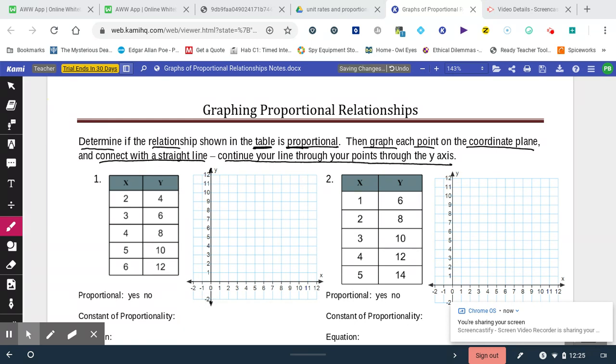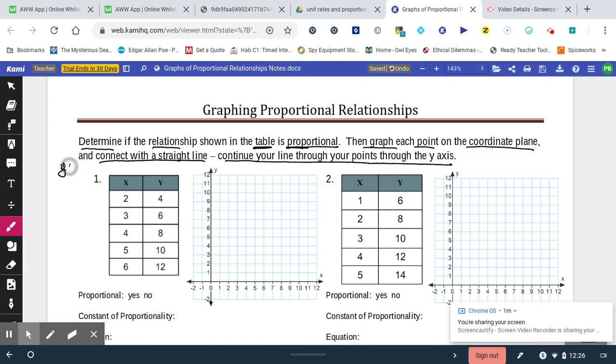All right, with that being said, we'll go ahead and look at these and see if they're actually proportional. To determine if they are proportional, you take y and divide it by x.